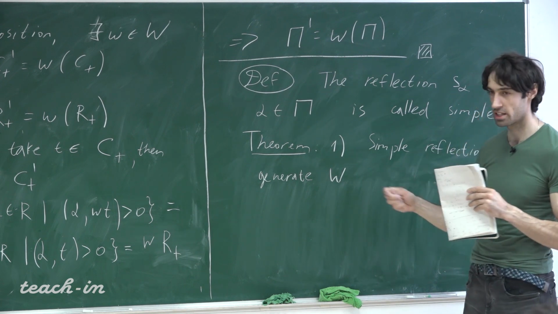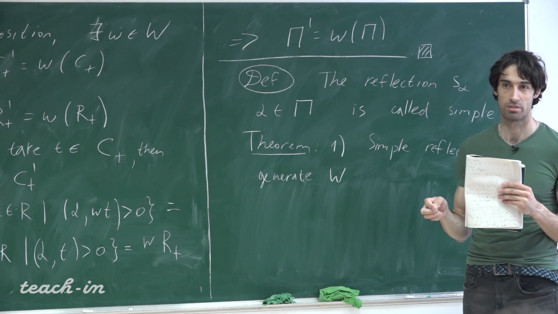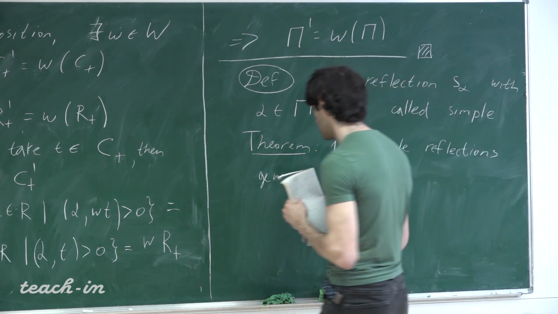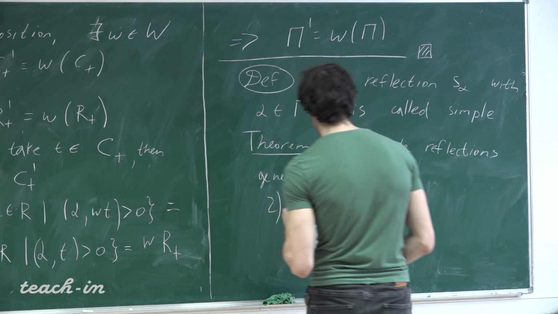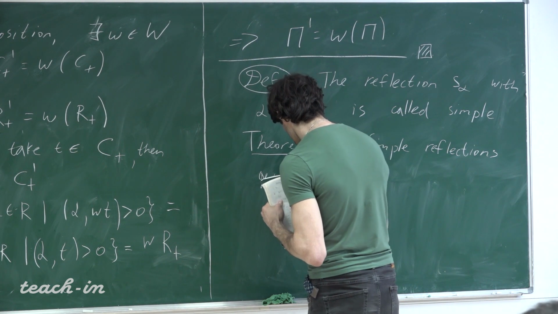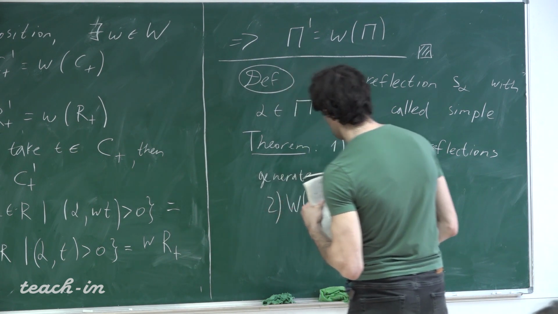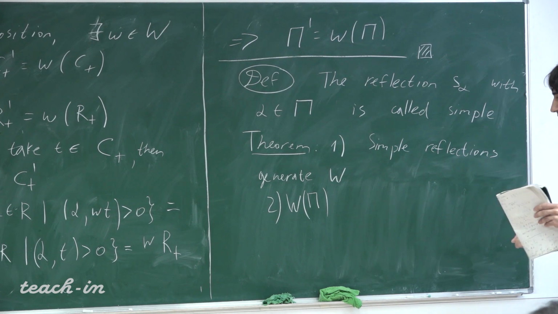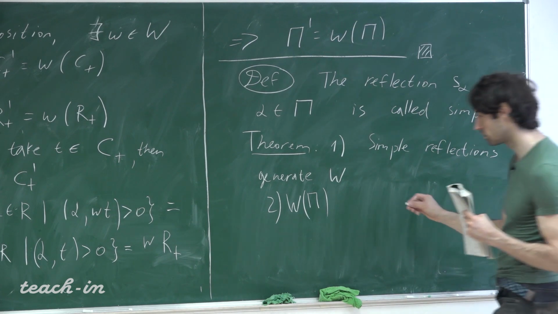So the first part says that simple reflections are enough. Okay. And number two is that if I take pi and consider all different roots that I can get applying the Weyl group, I will get the whole R.